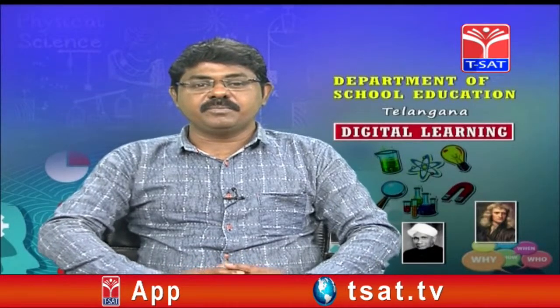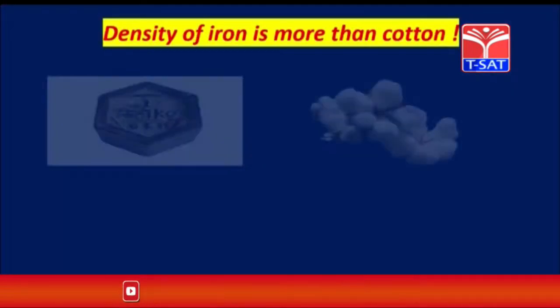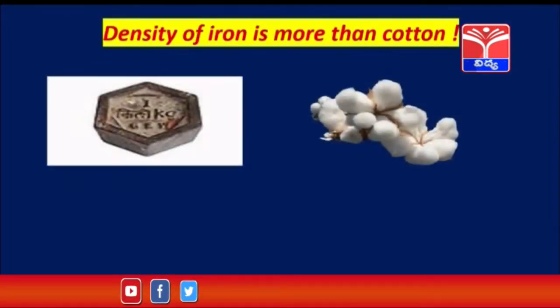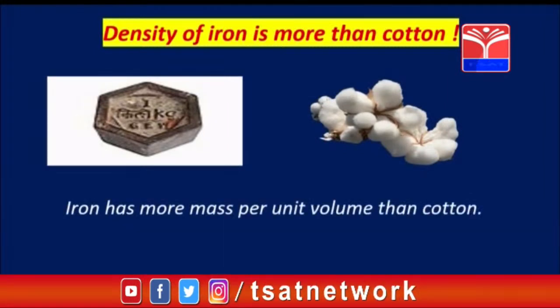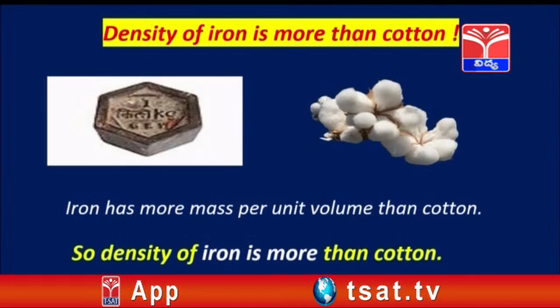Understood? Now we are going to prove that the density of iron is more than cotton from the previous activity. As we know, this is an iron weight and a cotton, and iron has more mass per unit volume than cotton. Already we proved it. So the density of iron is more than cotton.